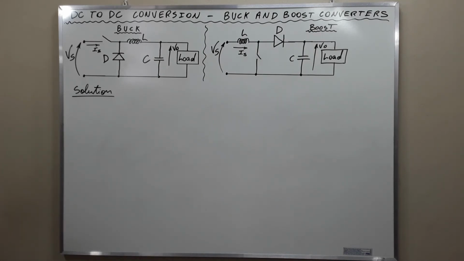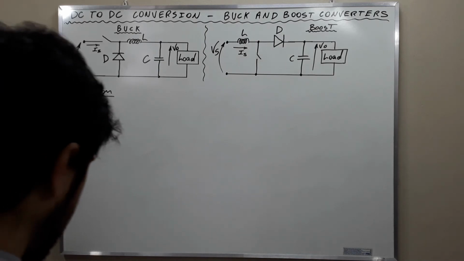An ideal boost converter operates with a 50% duty cycle. Considering that this converter delivers a voltage of 30 volts and a current of 60 amperes to the load, what is the input voltage and current of the converter?